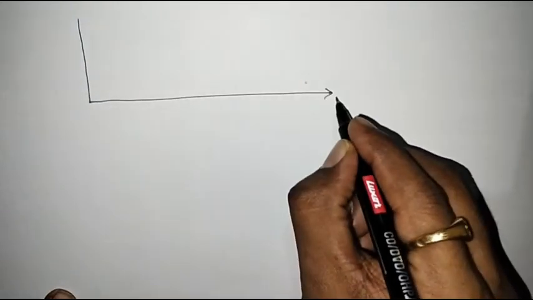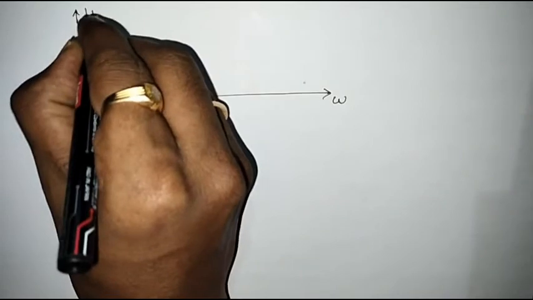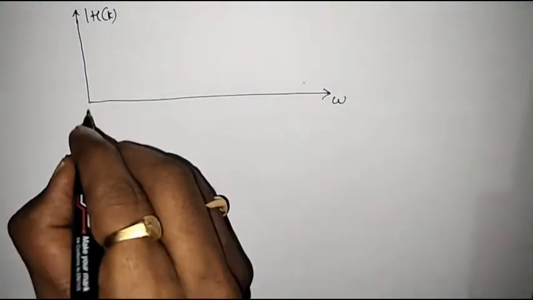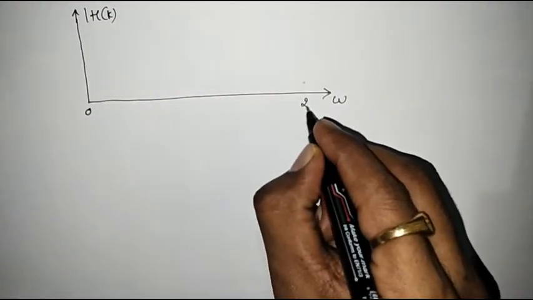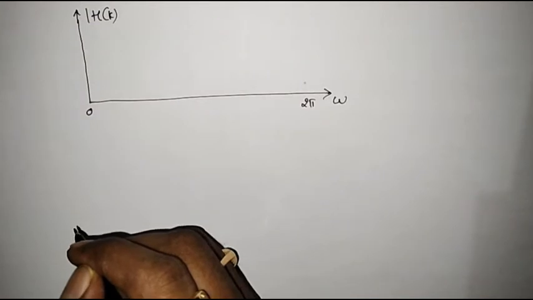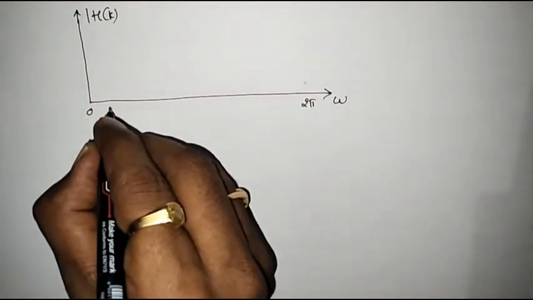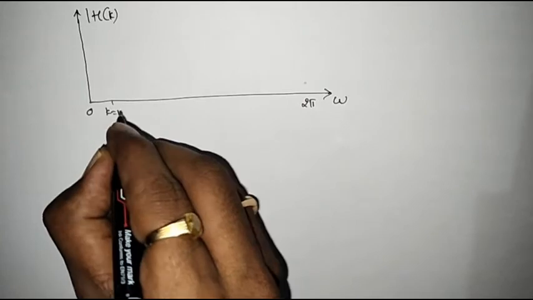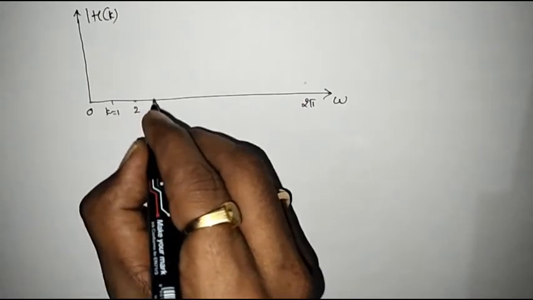Let us draw the magnitude of the desired frequency response for the given values. We know that omega is defined from 0 to 2 pi, and it will have M samples. Let this be k equal to 0, this is k equal to 1, k equal to 2.